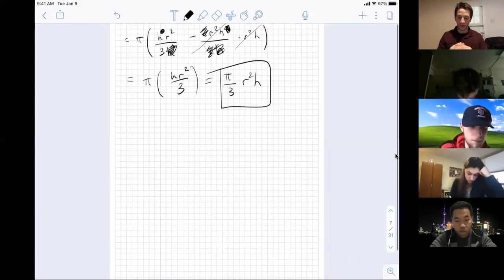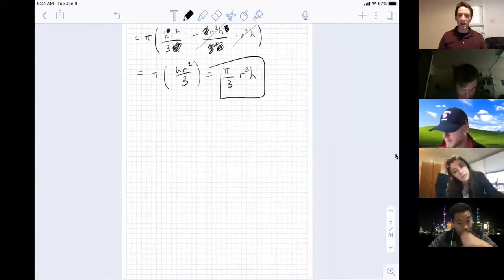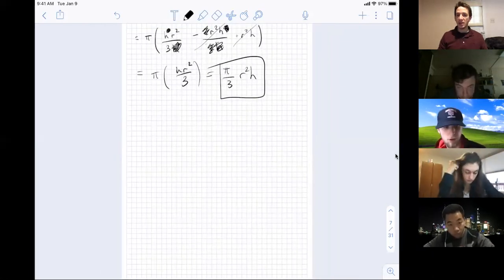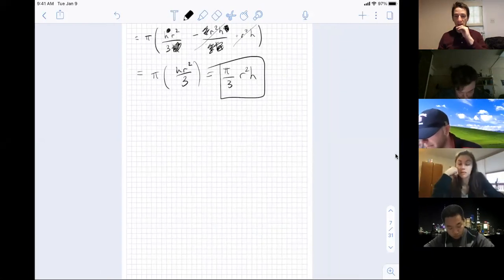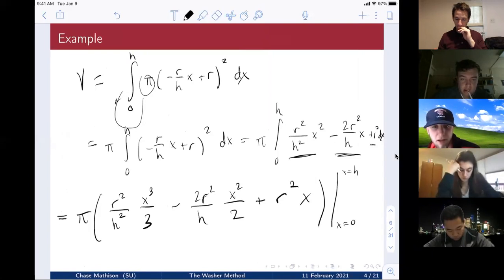So if you worked this problem out after class yesterday, hopefully you got pi over 3 r squared h. I have a question. Earlier in the integral, how'd you get that minus 2r squared over h on the right side in the middle? That's just from squaring.